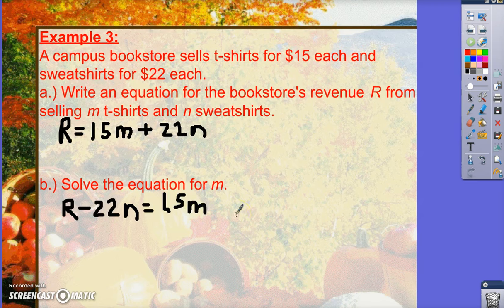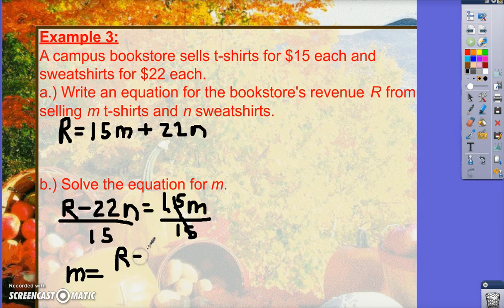Now to further isolate the M by itself, it's 15 times M, so let's divide both sides by 15. And last but not least, I'm going to rewrite it one more time. M equals, and we don't have to simplify it again like I said before.